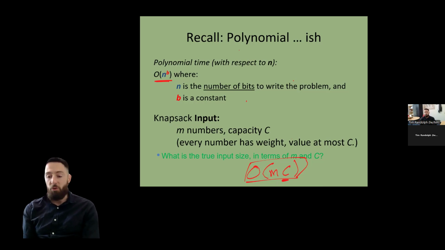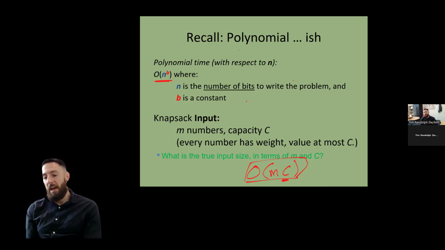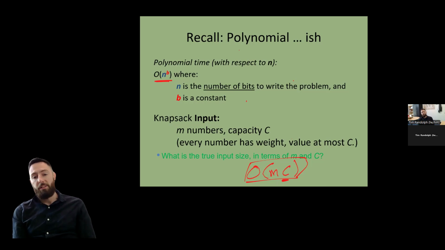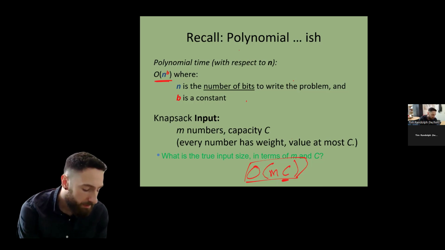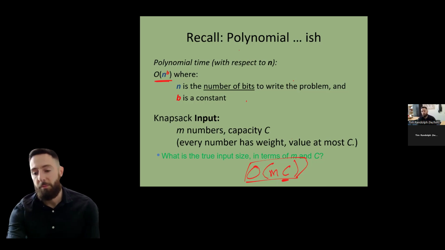If C is really enormously huge, this algorithm could still be pretty slow. And that's how you reconcile what we've just done with the statement earlier that we don't know how to solve this problem in truly polynomial time. We can get a good dynamic programming solution, but as long as this C is there, we're not actually, strictly speaking, in polynomial time.